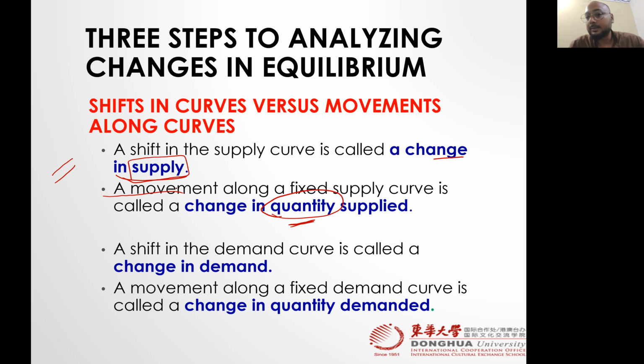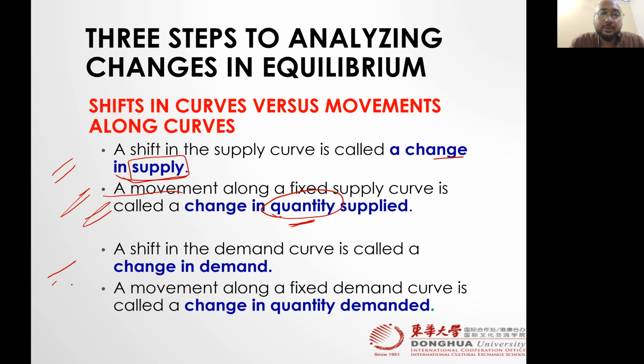So when the question says there is a change in supply or a change in demand, automatically assume we are talking about a shift in the curve. If the question mentions a change in quantity demanded or quantity supplied, we're talking about movement along the curve.